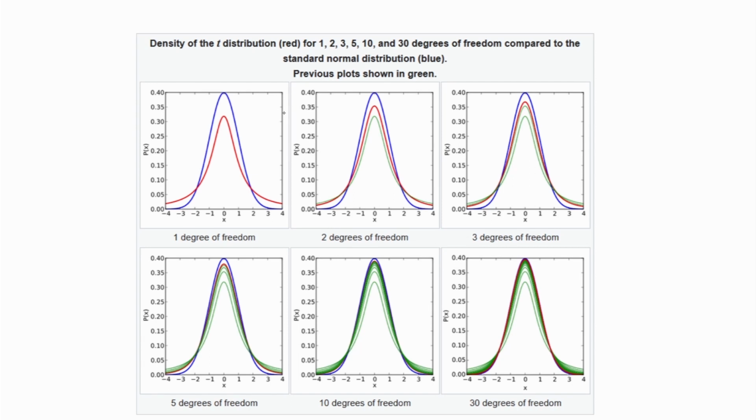As you can see, as the degree is increasing, it approaches the normal. So, these are showing us the t distribution approaches a normal curve when n is more than 30. When n is less than 30, we use it differently.